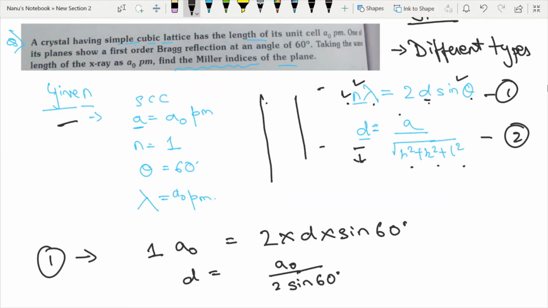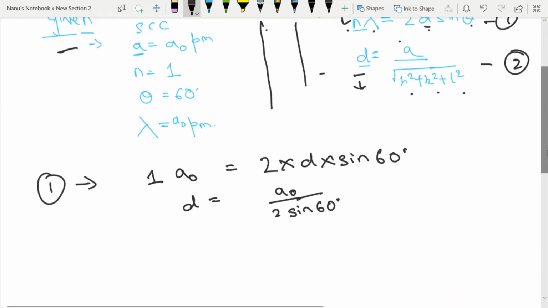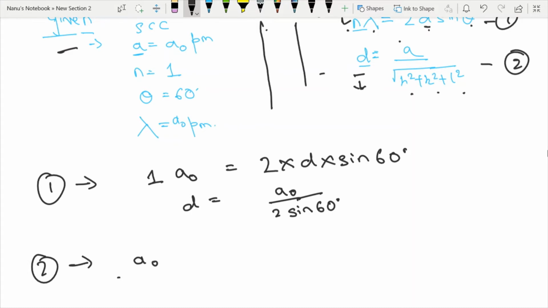Let it remain like this for the moment, and we will input this relation in our second formula. In formula 2 I'm replacing d, so the left hand side d is equal to A0 by 2 sin 60 degrees, which is equal to a.